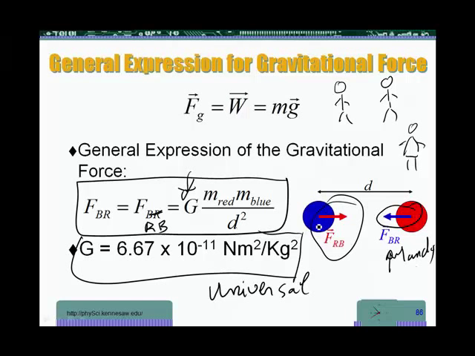We can consider that blue mass as the moon. Mandy is also attracted to the Earth. Mandy is attracted to Mars. Mandy is attracted to the Sun. Mandy is attracted to the building at Kennesaw. Mandy is attracted to her book. Mandy is attracted to the computer screen. Mandy is attracted to all galaxies in the universe. She's attracted to a lot of things. That's why we call it universal.